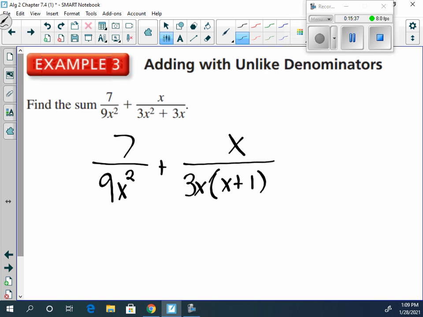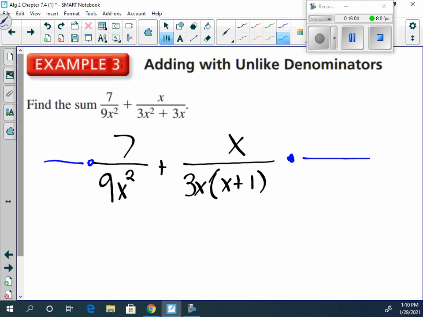Okay. Now what we're about to do is probably going to make least common multiple seem not as necessary anymore. What we want is for the denominators to be the same, yes? Okay. That means I'm going to have to multiply each of these denominators by something so that they can be the same, yes?